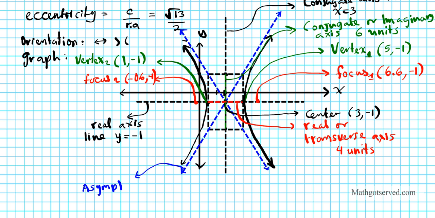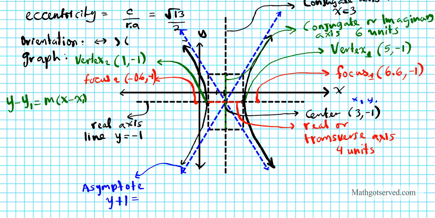Now to do this, we're going to be using the point-slope form of the equation of the line, which is basically y minus y1 equals m times x minus x1. That's the equation we're going to be using from algebra 1. So for this one, y1 is the y coordinate of your center, and this is x1. So y minus y1 is y minus minus 1, which is going to be y plus 1.